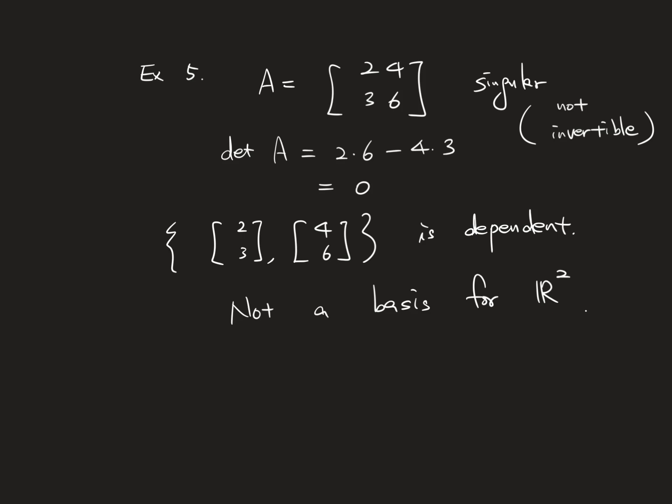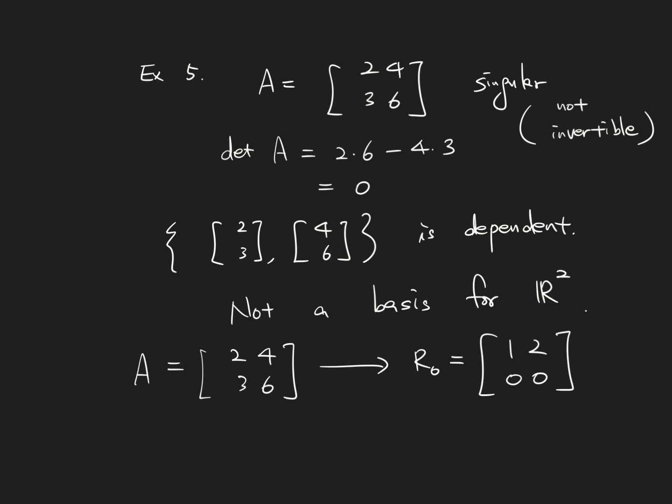And A is 2, 4, 3, 6, and I think it should be 4. After Gaussian elimination, we get 1, 2, 0, 0, because this is reduced row echelon form.